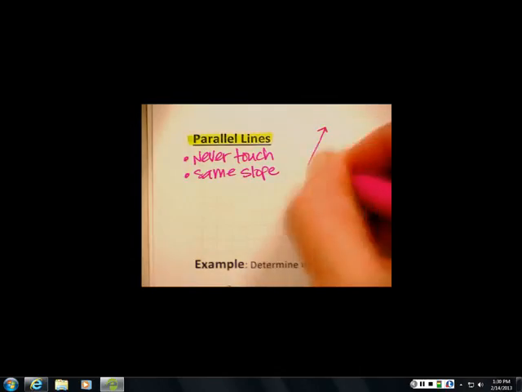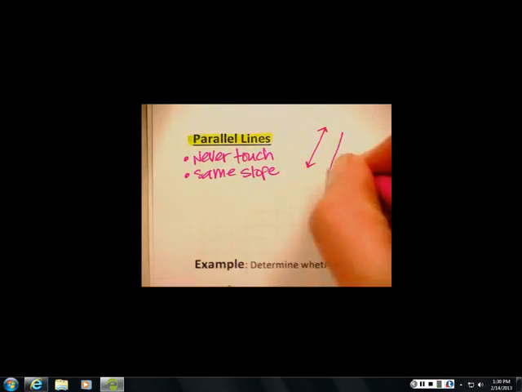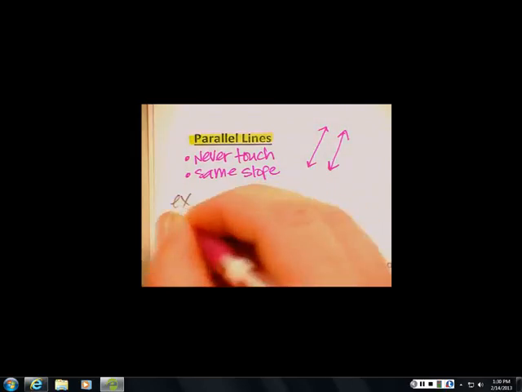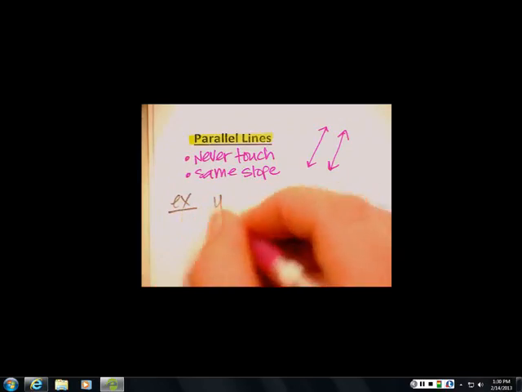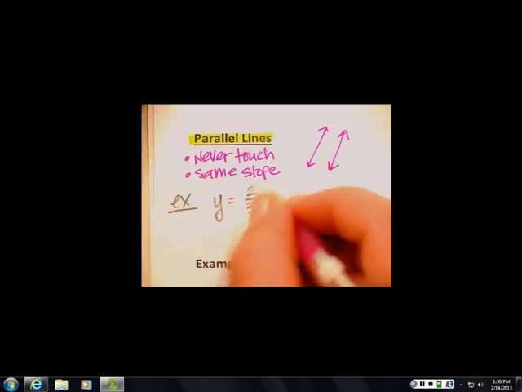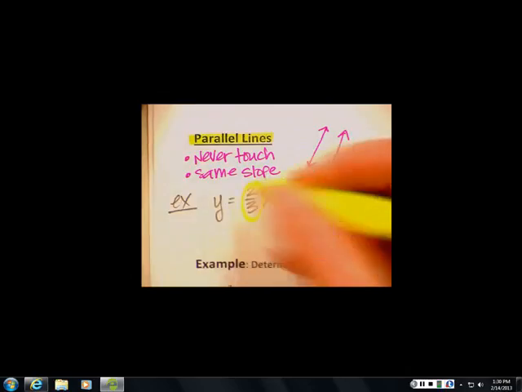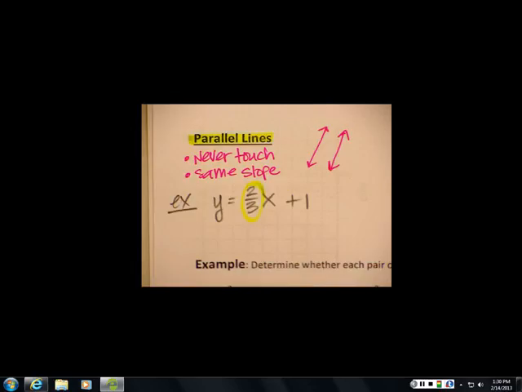What they look like is, that's kind of a lumpy picture of parallel lines, but I think we get the idea. Here's an example of two lines that are parallel. If I have y = 2/3 x + 1, the only thing I have to look at to find a parallel line is the slope. That's the only thing I need to focus on.